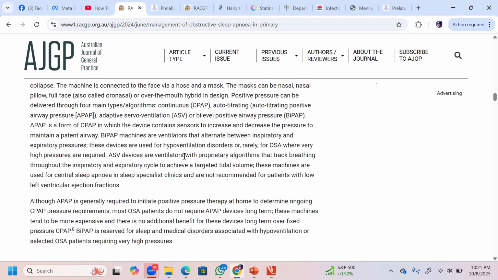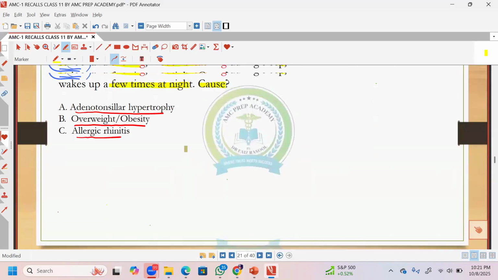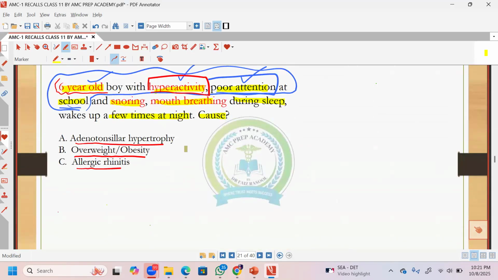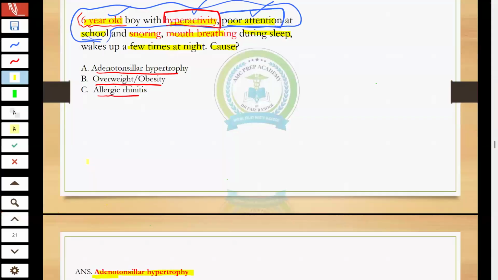So doctors, the things which you need to know: first of all, if asked about the next step, you will go with weight reduction. If asked about the best step and the patient is severely symptomatic, you have to go with CPAP.